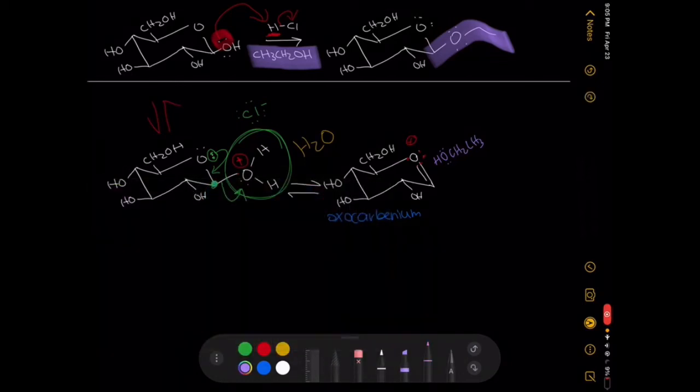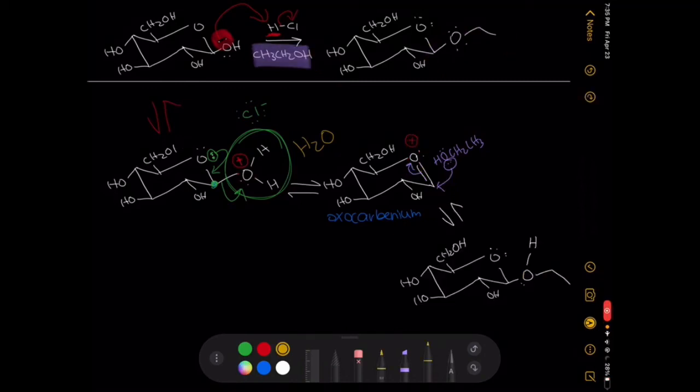Now, to make this oxygen neutral, this lone pair has to attack this partially positive carbon, and then the electrons in the pi bond are going to go to oxygen, and it's going to make oxygen neutral again. So let's see that.